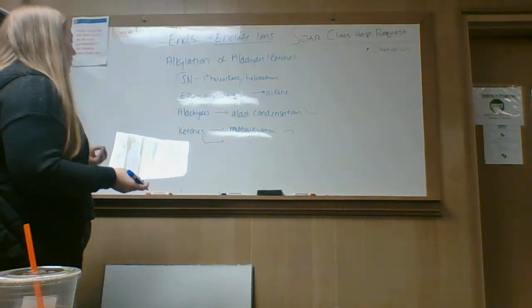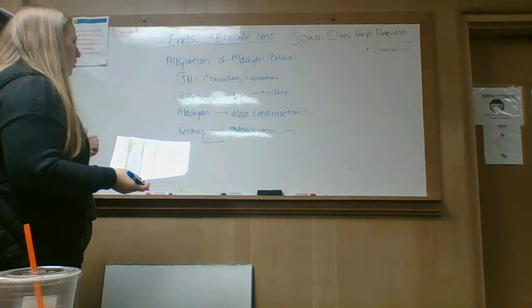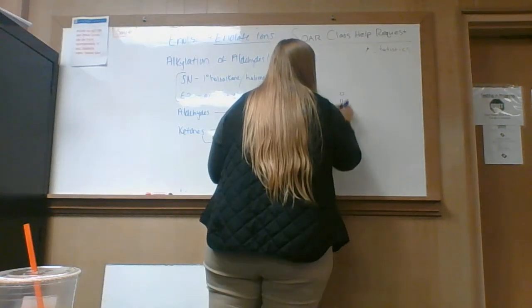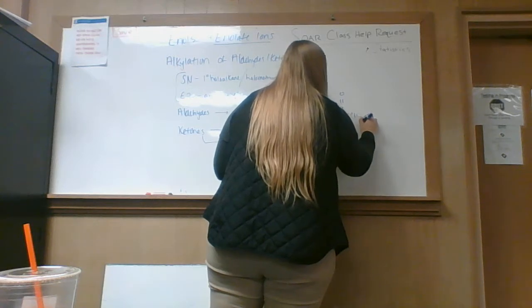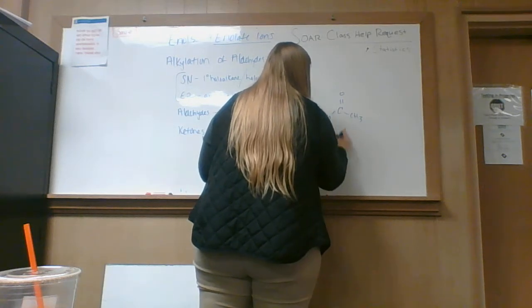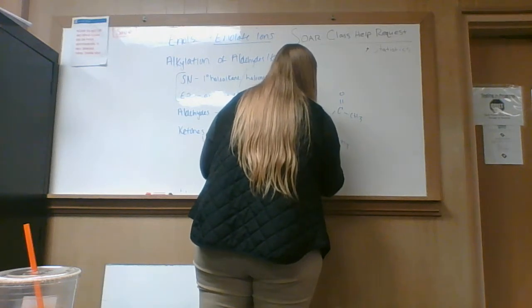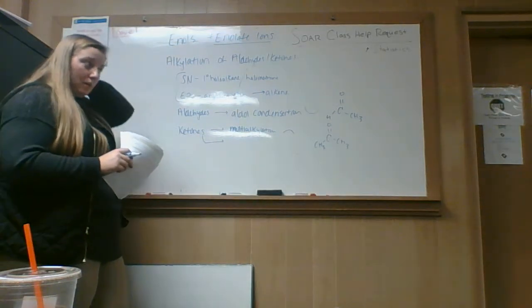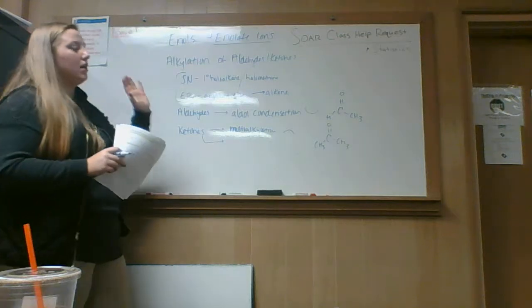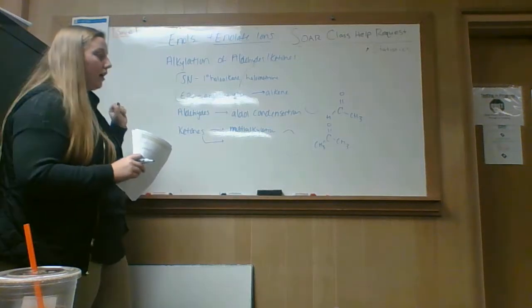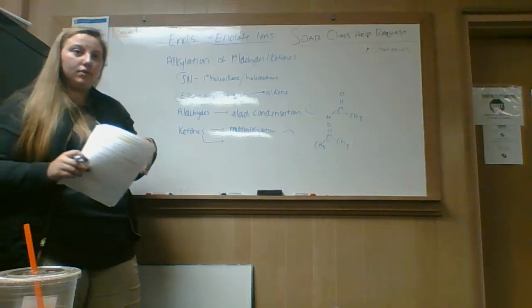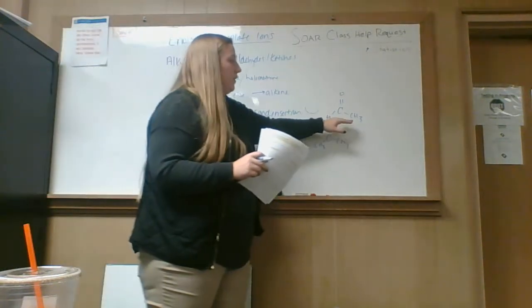Along with that, maybe let's do a picture. So when we're thinking about enolization, creating enolate ions, we know that we're pulling alpha hydrogens off, right? So this one is very similar.